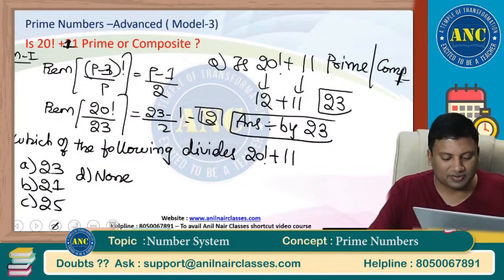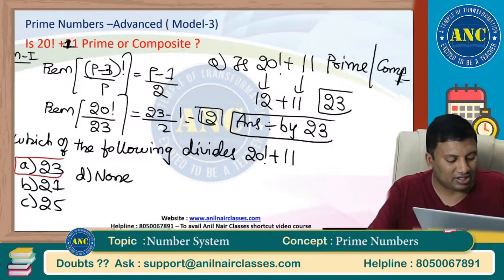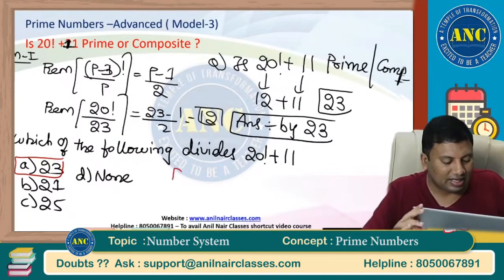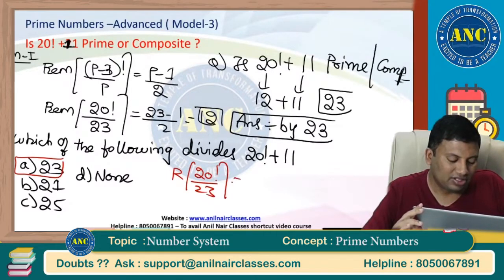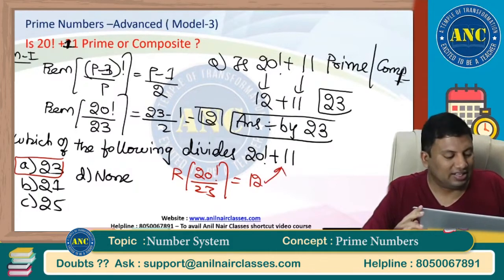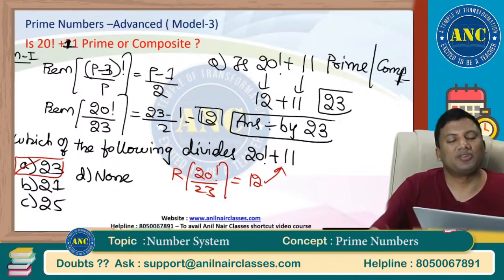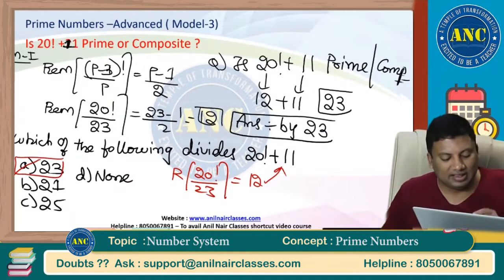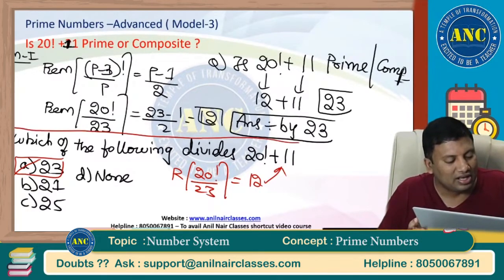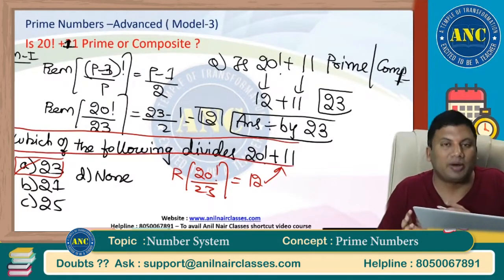This is the best way of solving, because if I take 23, I will get 20 factorial divided by 23, which is 12. 12 plus 11 is 23. So the answer is 23, which is perfectly divisible. Otherwise, the question will become a cakewalk for you, sir.